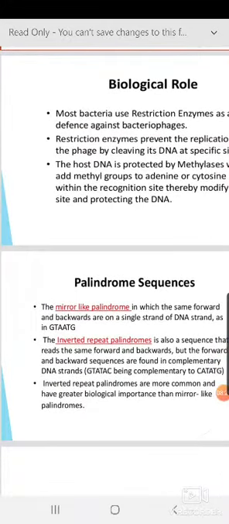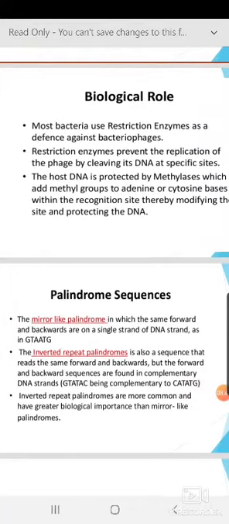Now let us discuss the sequence that it actually recognizes. Generally, it recognizes a palindromic sequence. We are discussing a particular type of restriction enzyme; I will come to the types of restriction enzyme. The mirror-like palindrome is one in which the same sequence reads forward and backwards on a single strand of DNA, like GTA, then ATG.